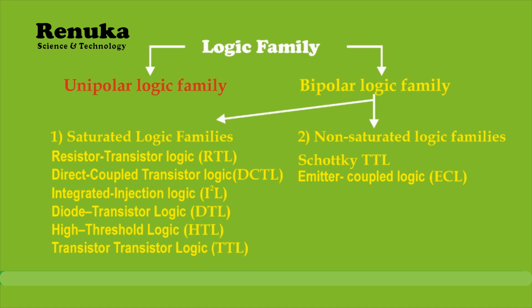Along with the transistor, these logic families use resistors and diodes also. According to the combination of components used, these are classified into another 4 types. They are called resistor transistor logic, direct coupled transistor logic, integrated injection logic and diode transistor logic.